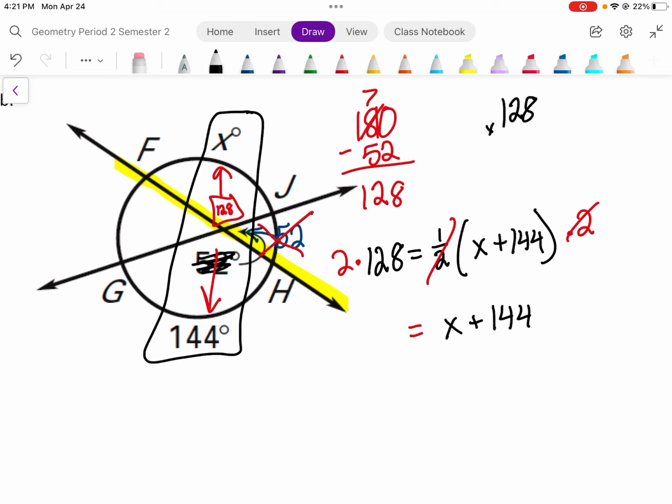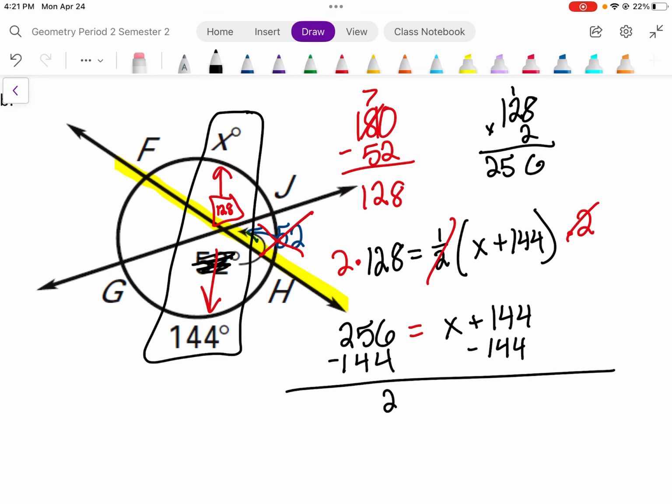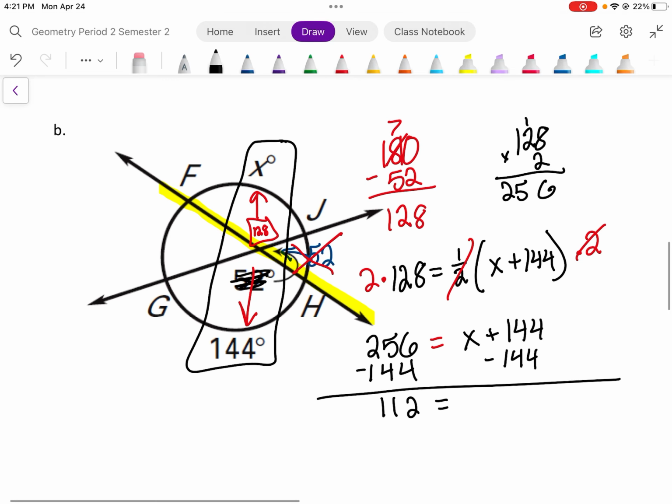And then you just have to take 128 and multiply it by 2. That's going to give us 256. Then to get X by itself, we're going to subtract 144 from both sides. And that gives us our X value of 112. And that's our answer.